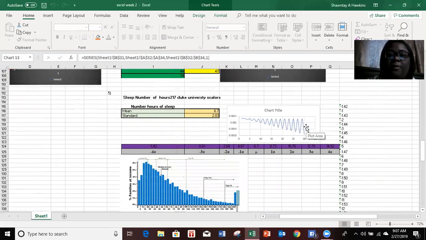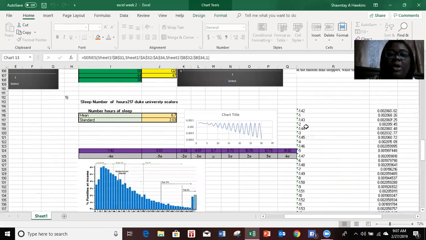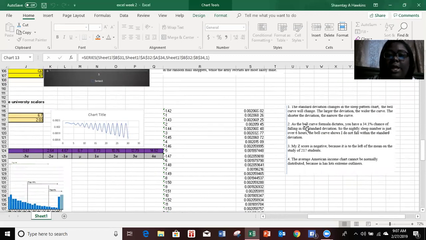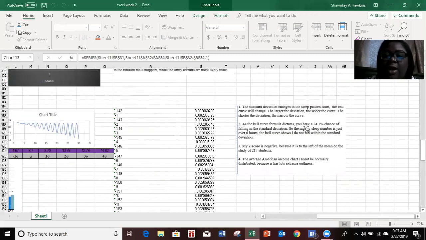Okay, this is number 5. We're going to talk about the number of hours of sleep. Now, the standard deviation does change your sleep pattern. The bell curve will change. The larger the deviation, the wider the curve. As the bell curve formula dictates, you have about a 34.1% chance of falling within the standard deviation.